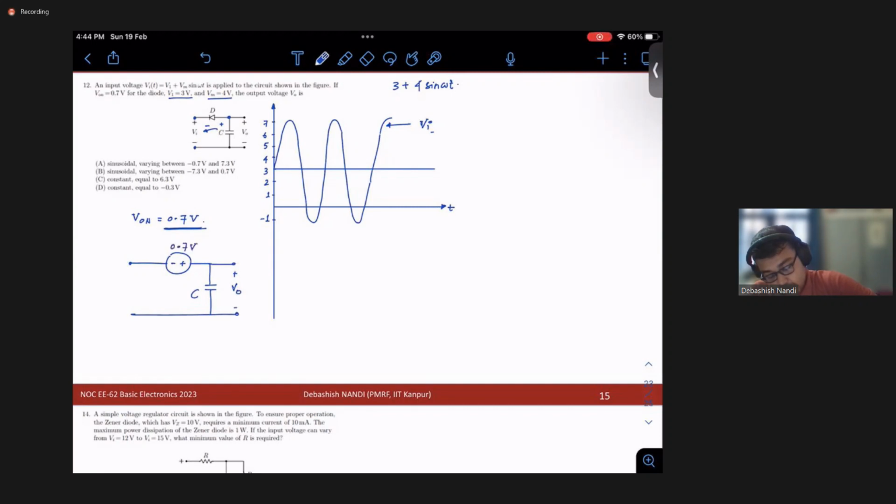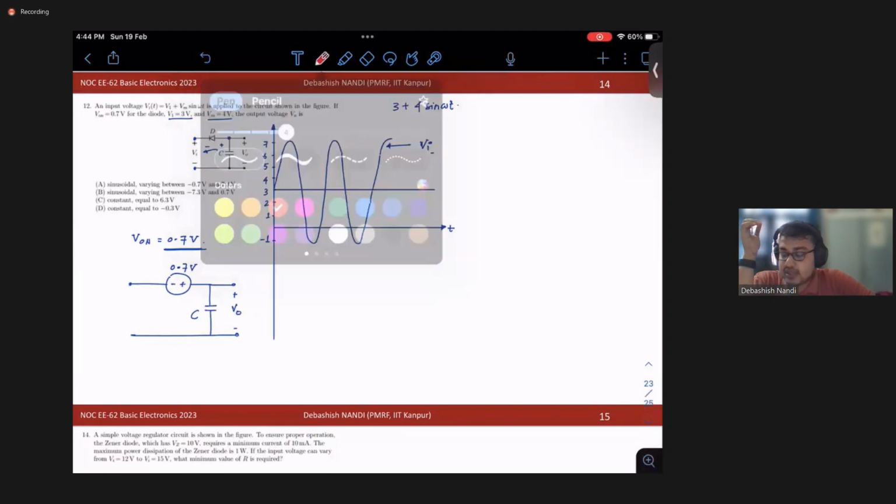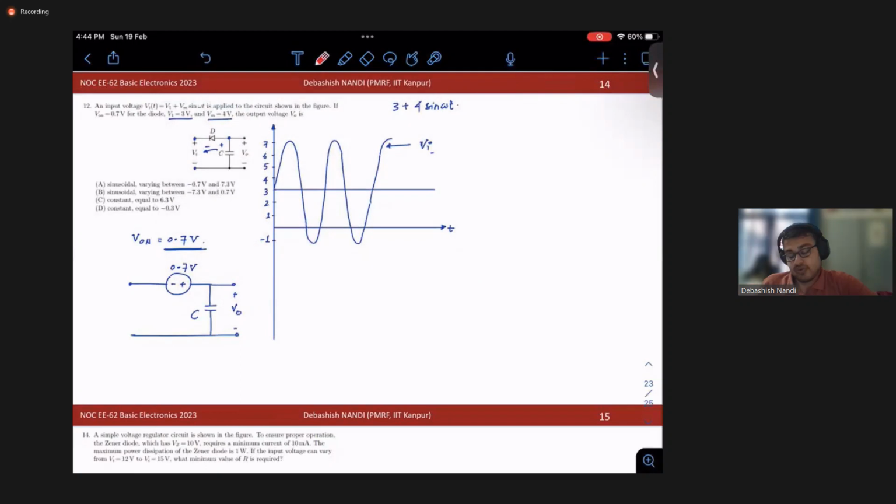So what happens when the voltage is swinging? Let's say you are applying this sinusoidal at this point.